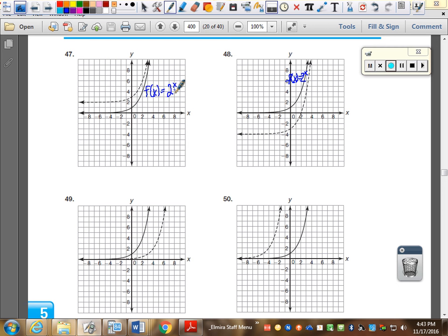And that would be helpful to know to do the other part, to find the equation of g of x. So helpful to know that. And that's what we're trying to do, is find the equation for g of x. So let me blow this back up again.